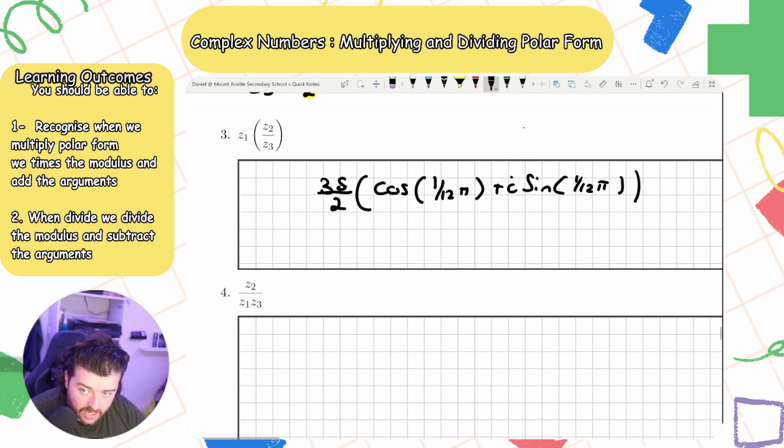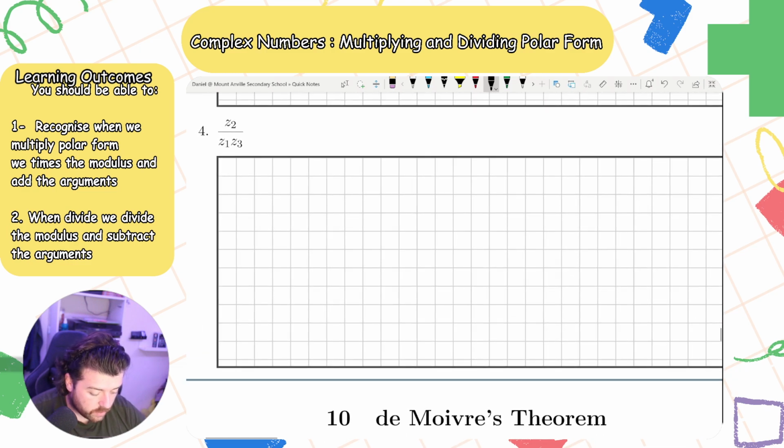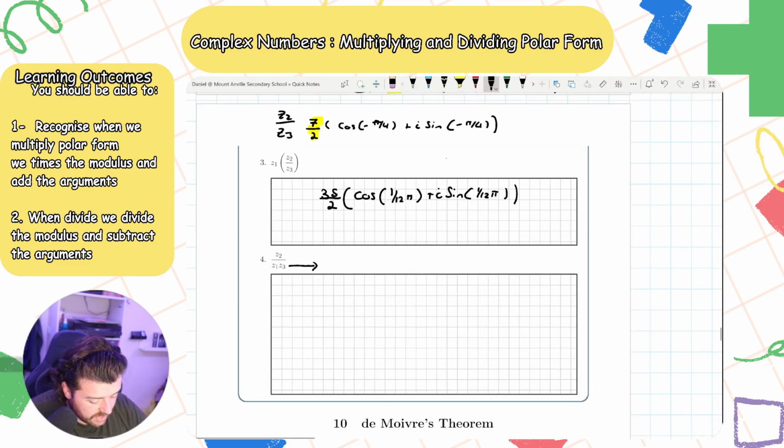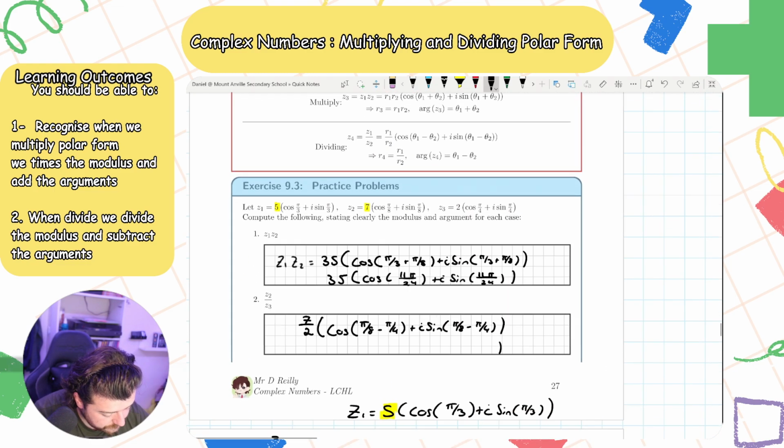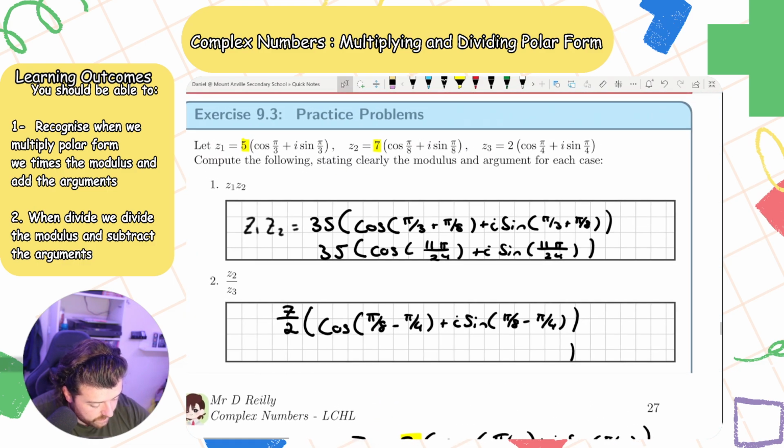And finally, the last one here is Z2 divided by Z1 multiplied by Z3. So I need to calculate what this is first. Z1 times Z3: Z1 has modulus 5 and argument pi over 3, and Z3 has modulus 2 and argument pi over 4.